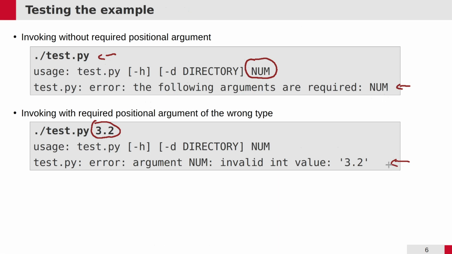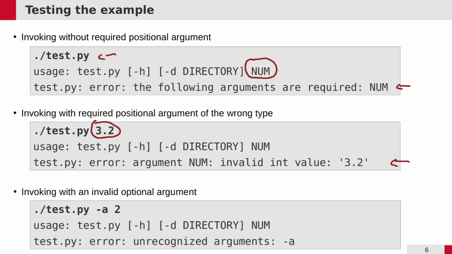So it's very helpful, and makes sure that your program can only be used with the arguments which it is supposed to obtain. Or you could, for example, try to pass an option which had not even been defined, like let's say -a. The -a option was never defined for our script, and immediately you get the error message that this is an unrecognized argument.